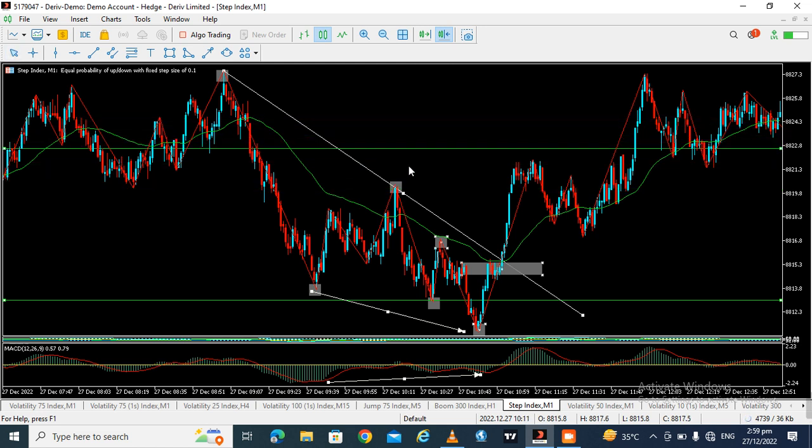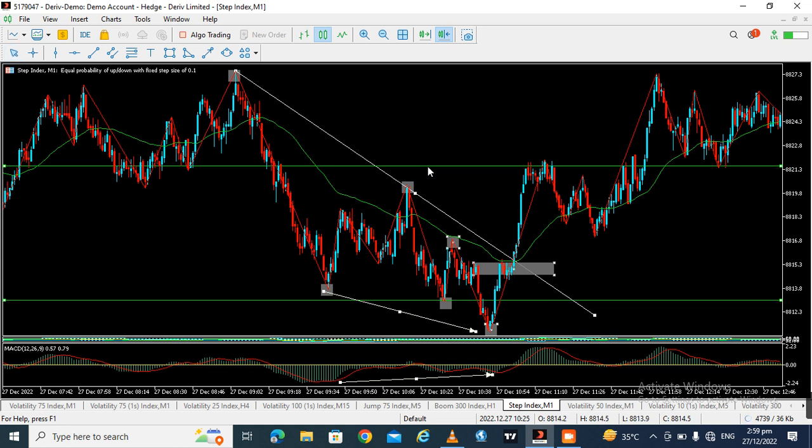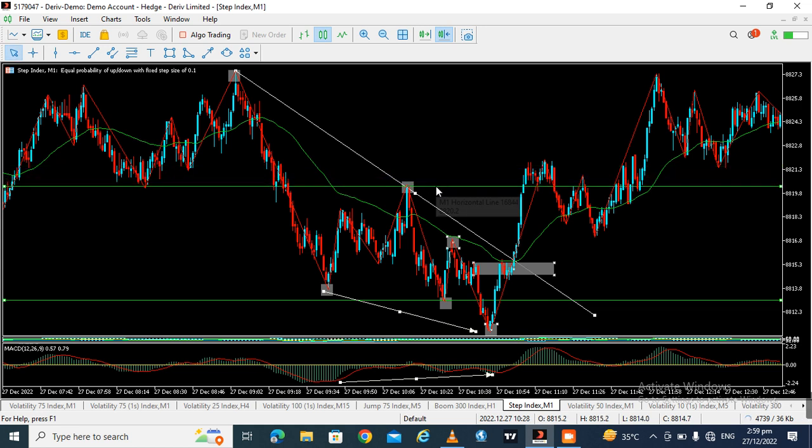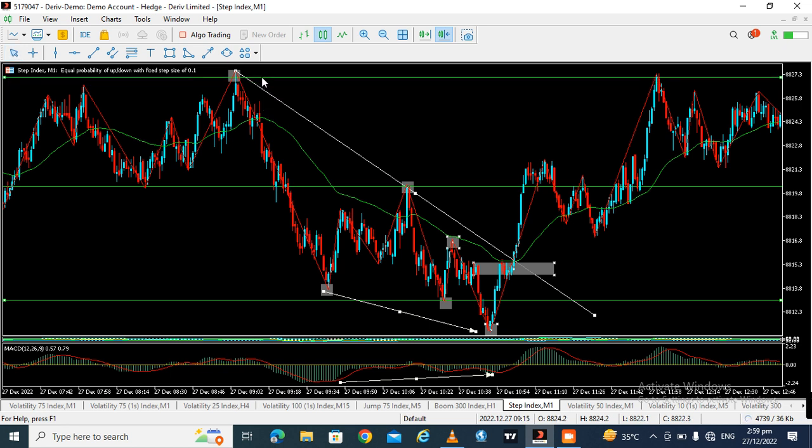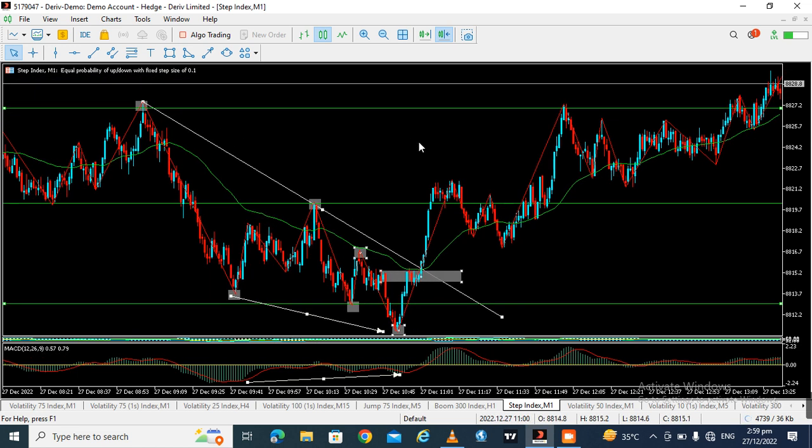Your TP2 should be close to the tip of this. Give it some space. You can take your TP2 at this area. As you can see, price pushed up to your TP1.